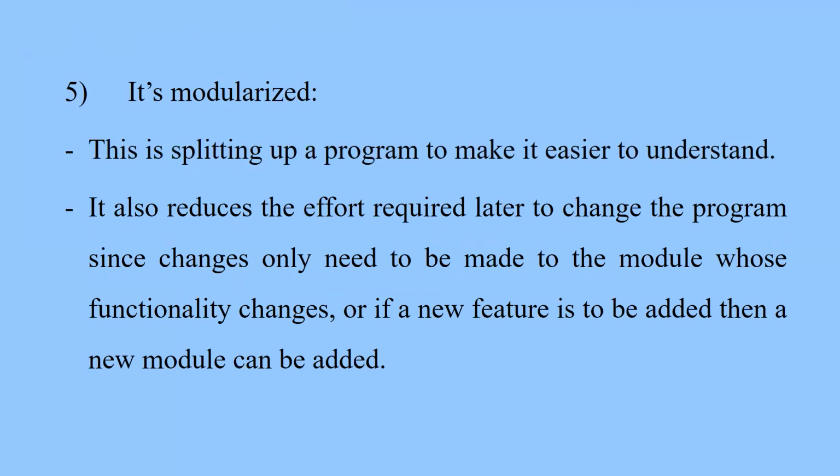This reduces the effort that is required later in case you want to make any changes to the program, or in case any functionality changes, or if a new feature is added. And therefore, in that case, what we just need to do is to add a new module. So modularization is important. Splitting up a program to make it easier to understand is key.